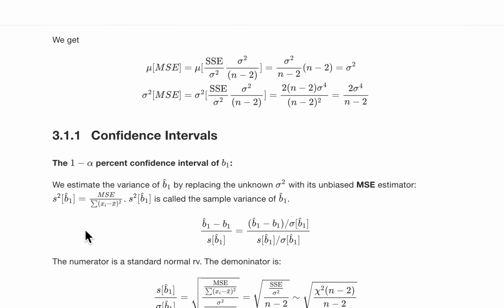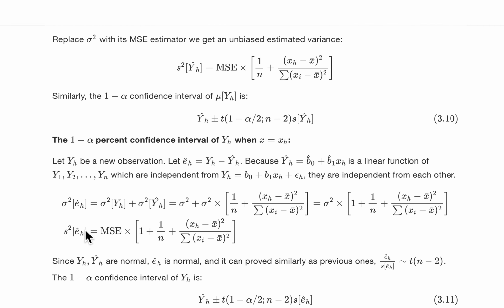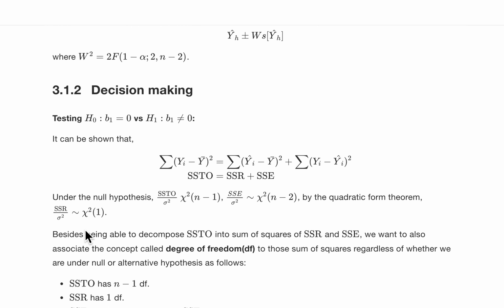And then we found the confidence intervals of those parameters and estimations. And the last thing we talked about is hypothesis testing of whether x and y are correlated.